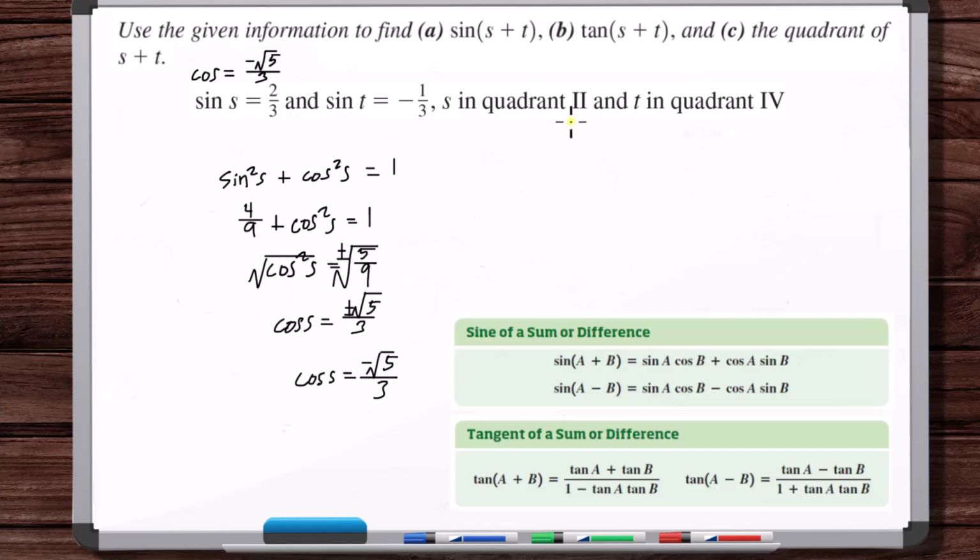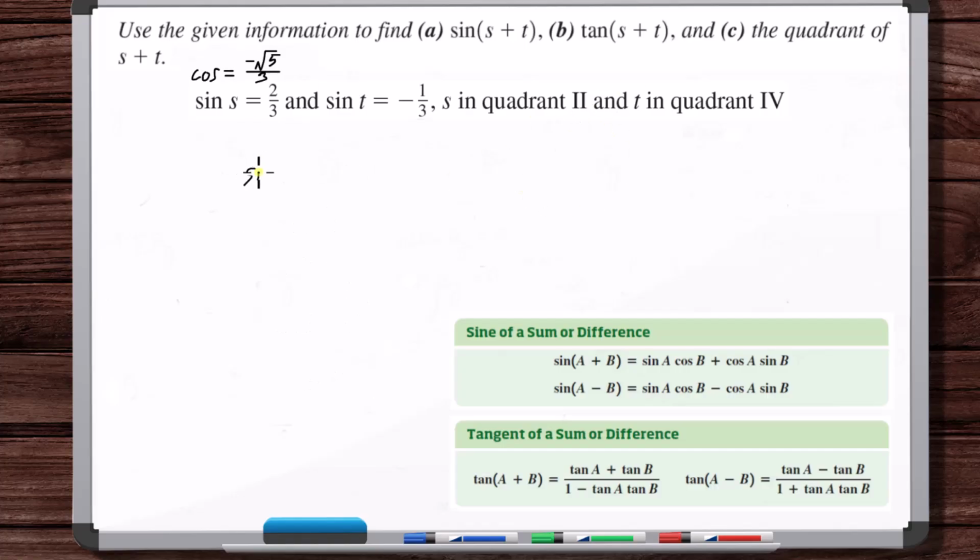Okay, now sine squared of t, Pythagorean identity, plus cosine squared of t is equal to 1. Sine of t squared would be 1/9. Minus 1/3 squared is 1/9. Plus cosine squared of t is equal to, so 1 is 9 over 9. So 9 over 9 minus 1 over 9 is 8 over 9.